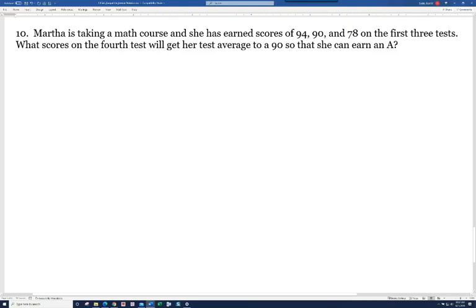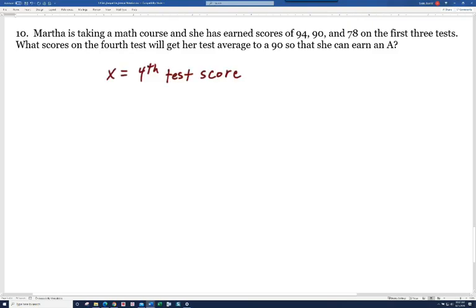Before that, she was doing pretty well. So she's going to have to bring this average up in order to have a 90% average or an A average. So first of all, we have to find the 4th test score so that she gets a 90 or better average.